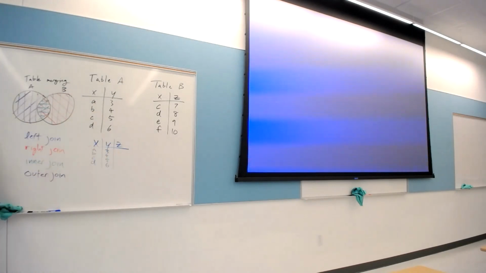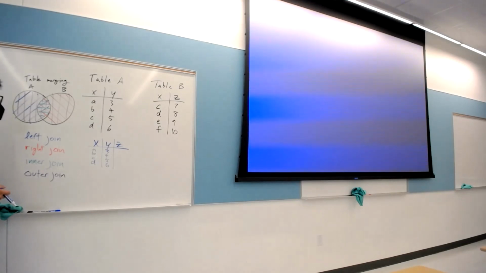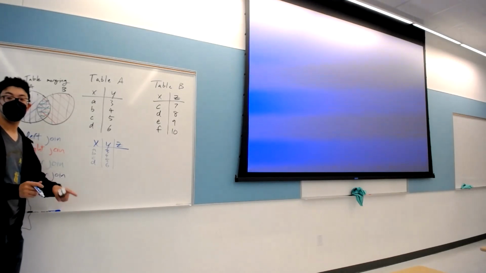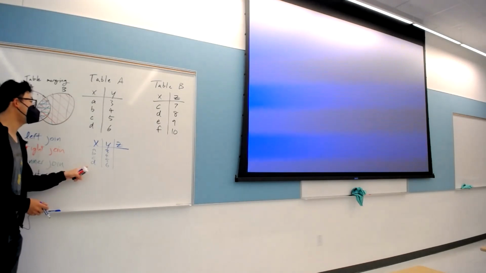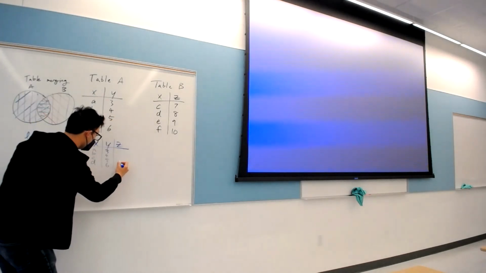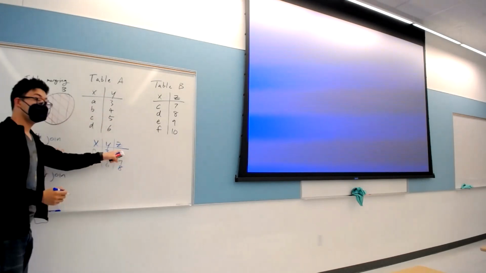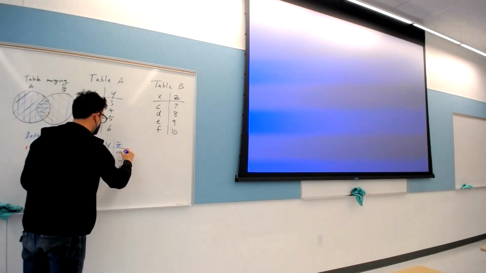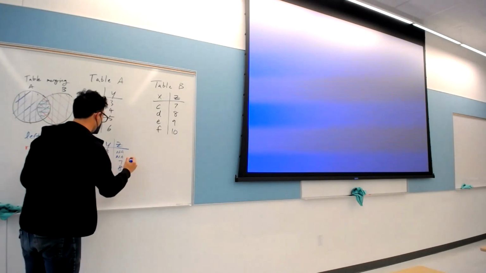Okay, so what do you guys think will happen here? Any guesses? Yes, exactly. So here, C and D will be 7 and 8. And then these two will just be NA like this.